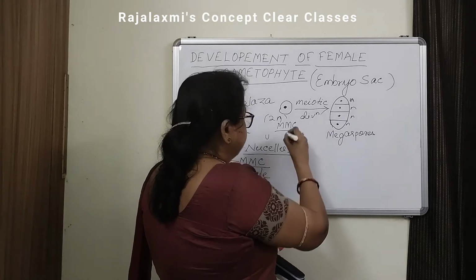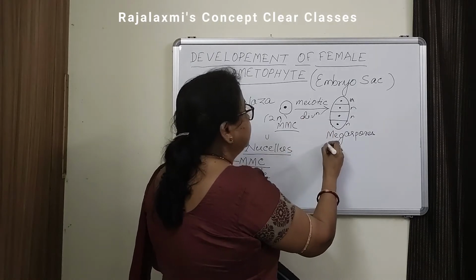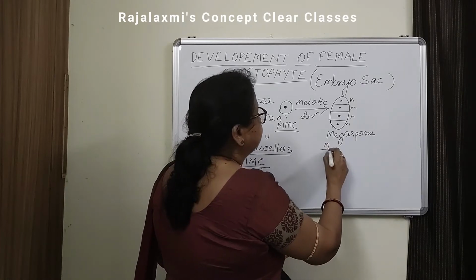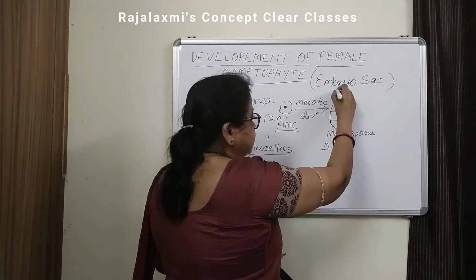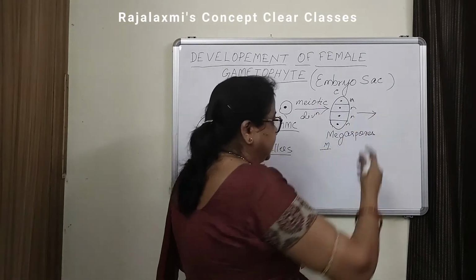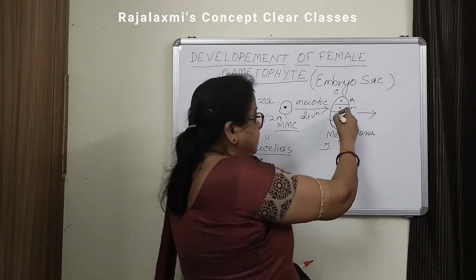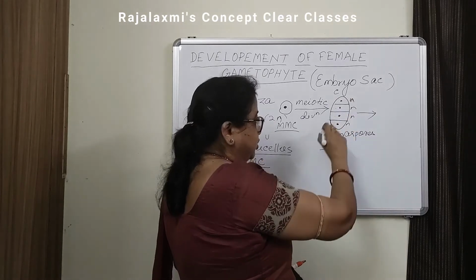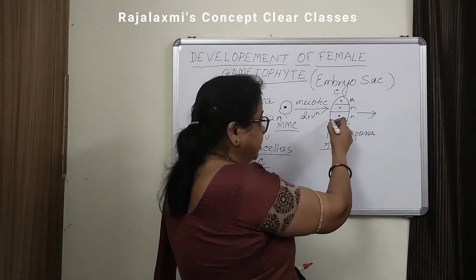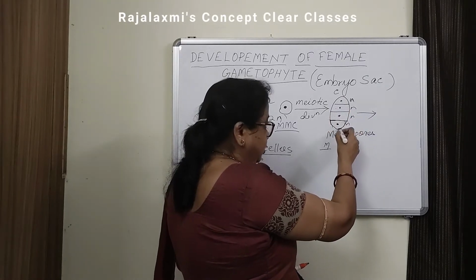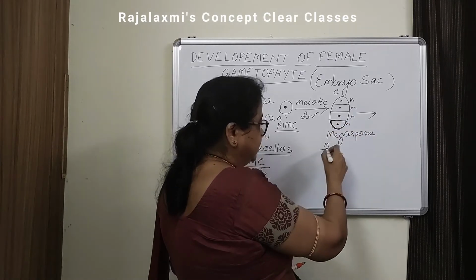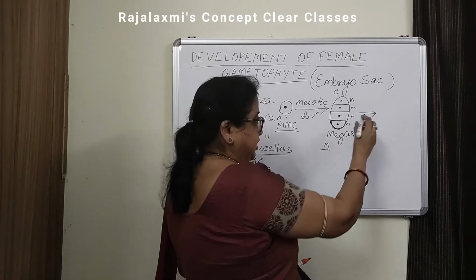Then this is the micropylar end. When we draw the megaspores here, we have to mention the micropylar end and this is the chalazal end. Then in most of the angiosperms, the 3 megaspores towards the chalazal end degenerate and only the lowermost megaspore, which is present towards the micropylar end, remains functional.